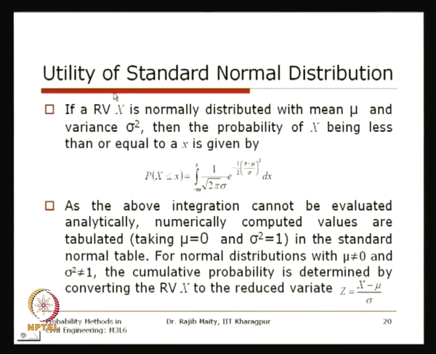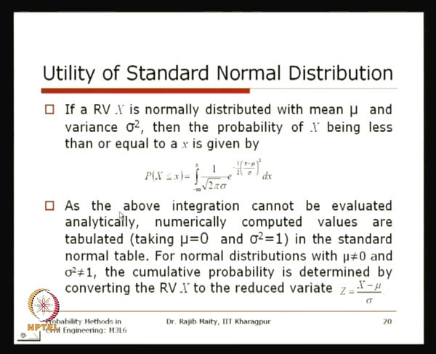Now, why we need this standard normal distribution is as follows. If a random variable x is normally distributed with mean mu and variance sigma square, then the probability of x being less than or equal to x is given by this particular distribution.